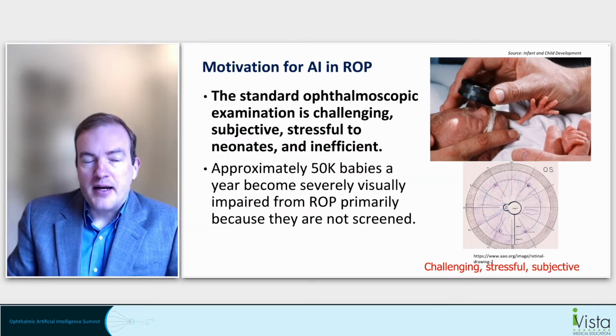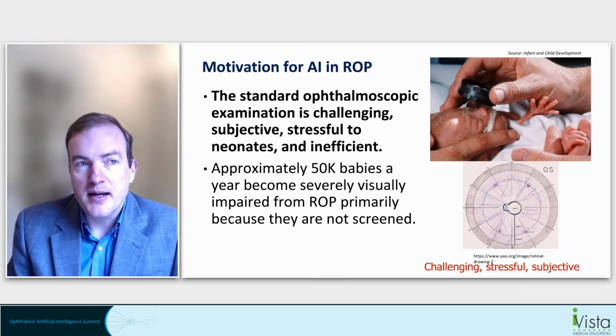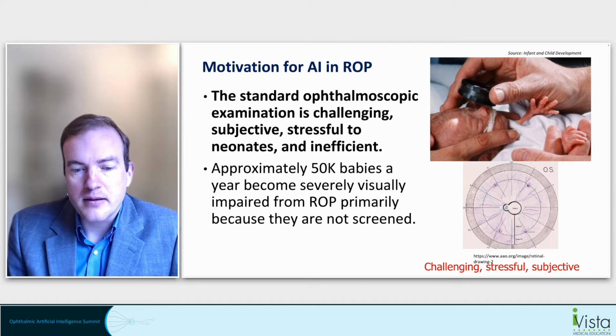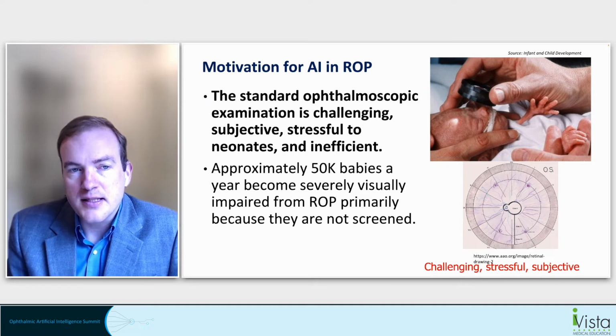We've heard a lot of applications of AI that might be interesting and curious, but may not have a clear path in the clinical pathway or a clear problem to solve. For example, I'd like to convince you in today's talk that there are at least 2 potential broad motivations for using AI in ROP. One is that the standard clinical diagnosis is challenging, subjective, stressful to neonates, and inefficient.